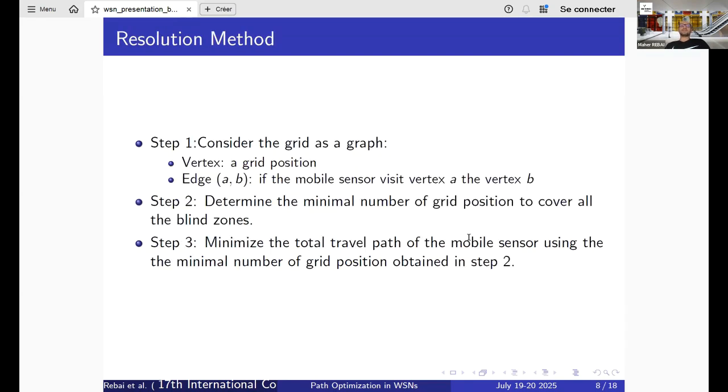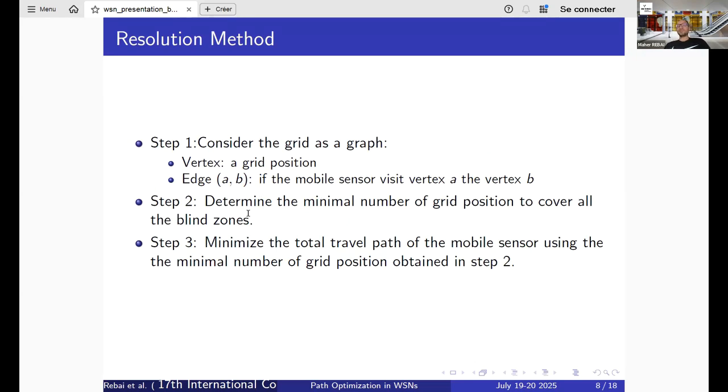So in our resolution method, we first consider the grid as a graph. In this graph, each vertex corresponds to a grid position, and an edge AB may occur if the mobile sensor visits first vertex A and then moves to visit vertex B. In the second step, we try to determine the minimal number of grid positions to cover all the blind zones.